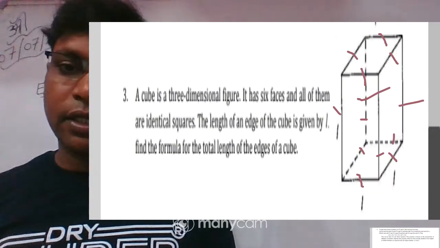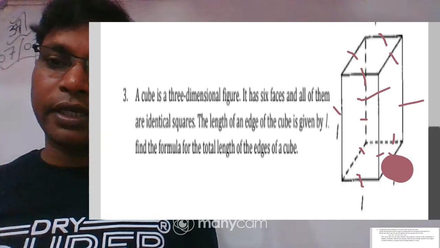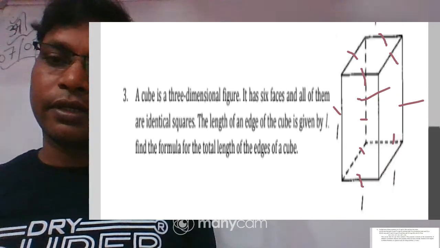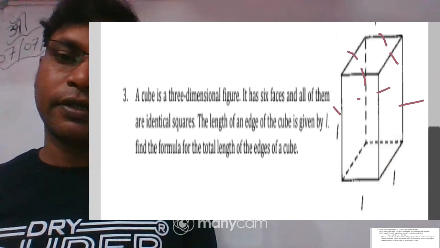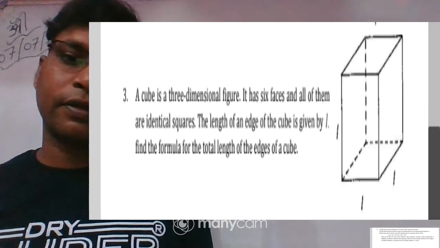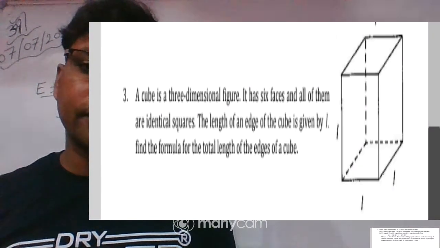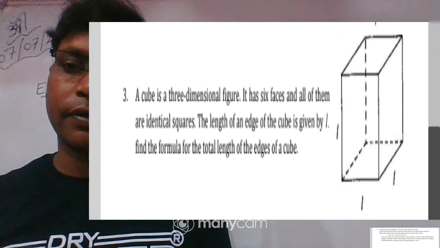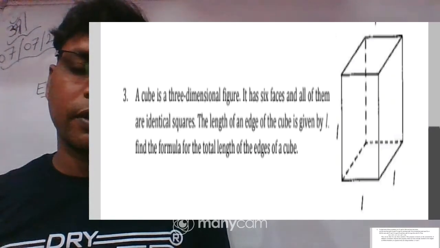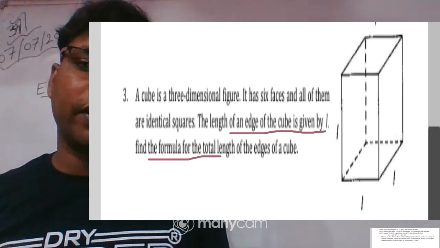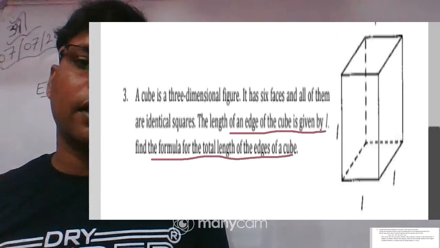You can see here, the length of an edge is given by L. Find the formula for total length of the edges of the cube.